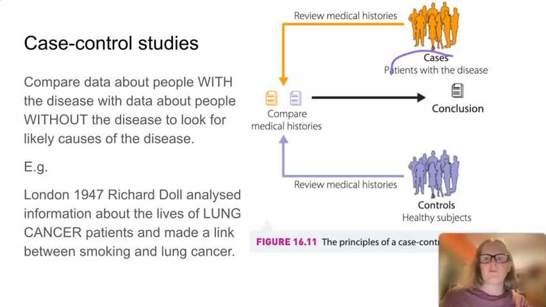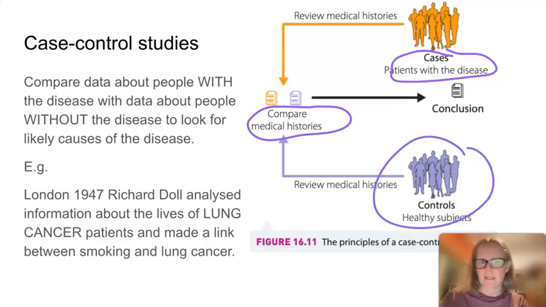So you have a look at all the people with the disease, and then you have a look at their medical history, and you compare that to a whole group of people who did not get the disease. This is what Doll did in the 1940s, Richard Doll. He looked at the number of people who ended up with lung cancer, and he studied what did they have in common, that people who did not have lung cancer did not have in their lives.